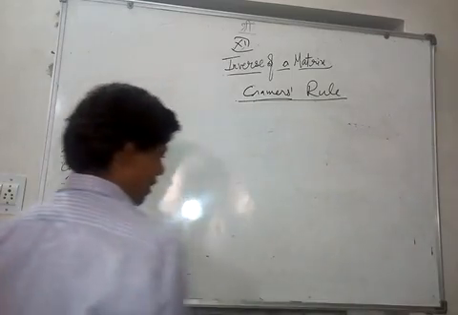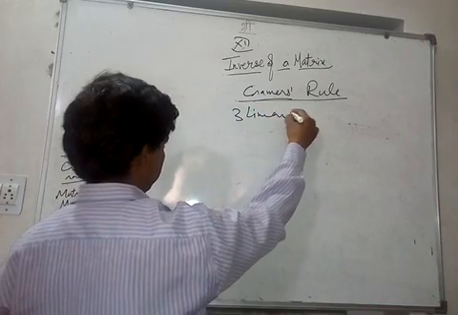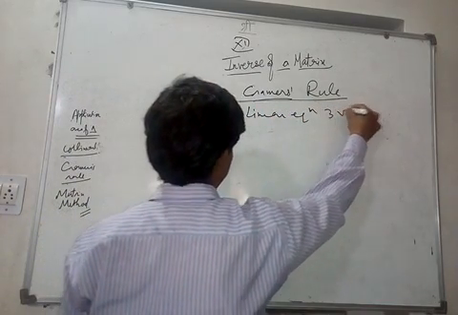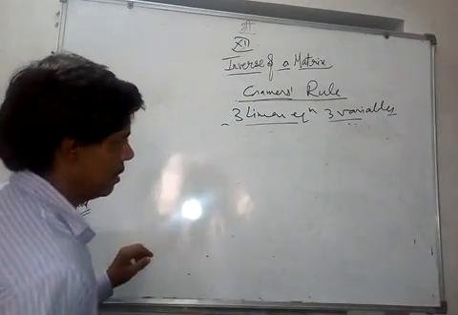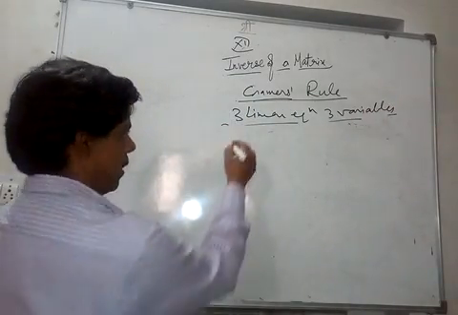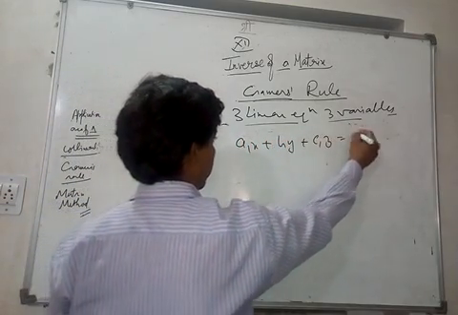So now we will study three equations, three variables. Three linear equations and three variables. So what are the three equations and three variables? Let us see. First of all, I'll write them: a1x plus b1y plus c1z is equal to d1.